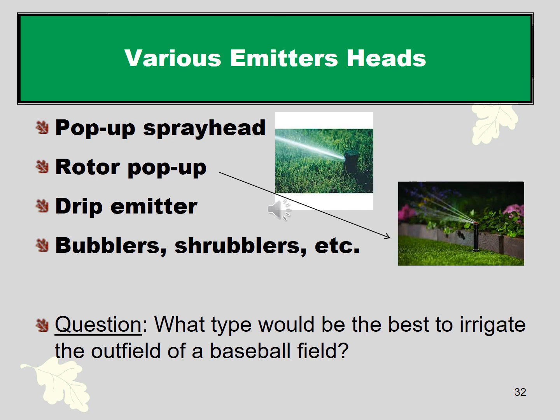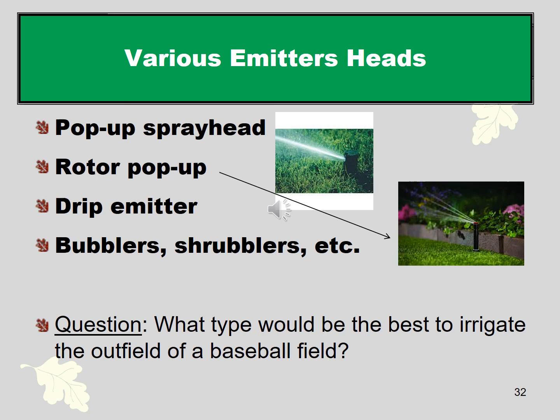Well, when you're dealing with large areas of turf like athletic fields or maybe big lawns on a campus or in an apartment or condo complex, the best thing to do is to use the pop-up type of emitters.